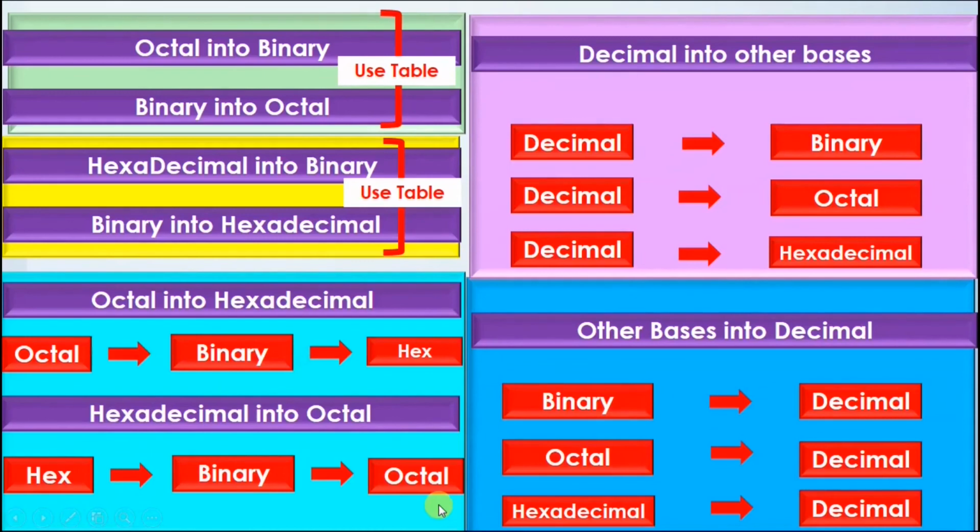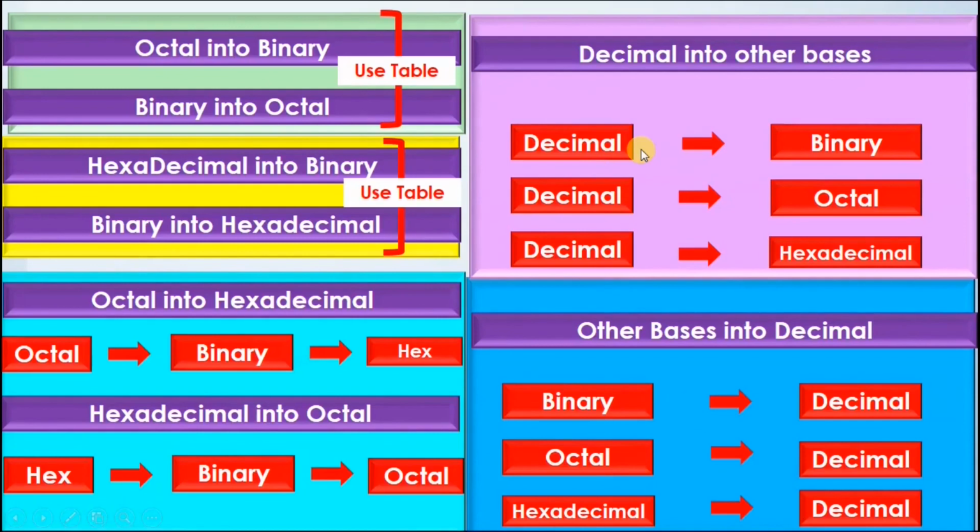Next, we saw how to convert decimal into other bases. So first of all, we converted decimal into binary, decimal into octal, and decimal into hexadecimal. And remember, the procedure used for conversion of decimal into other bases is different for whole numbers from the procedure of floating point numbers.